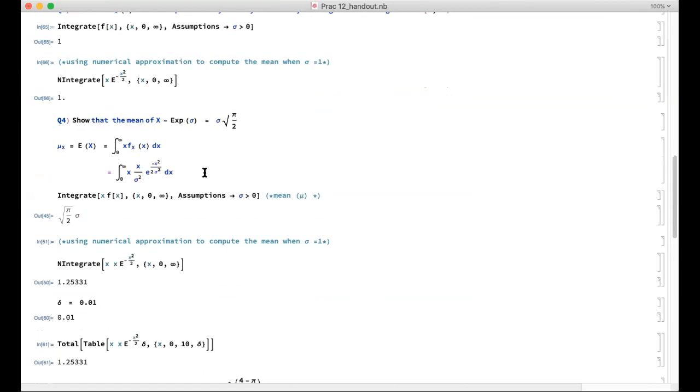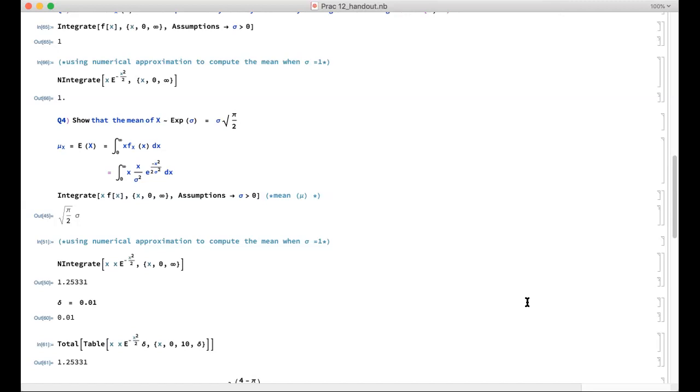Okay, how would you evaluate that integral? She says, yeah, by parts.